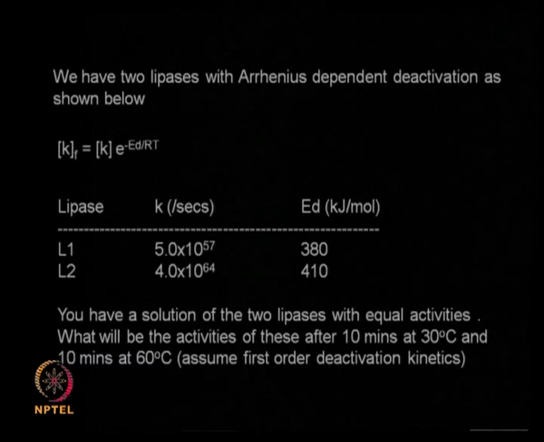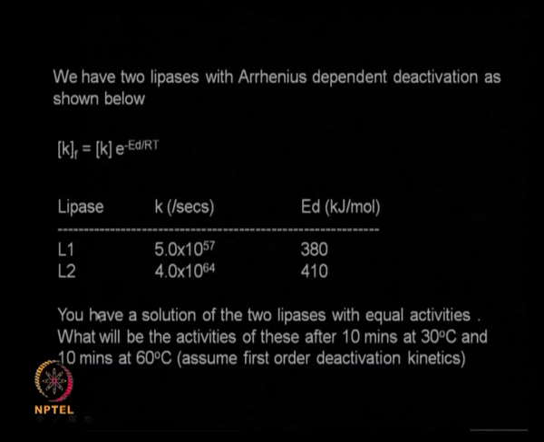So we have 2 lipases and the deactivation activation energies are given like this, Ed in kilojoule per mole: for lipase 1 it is 380, for lipase 2 it is 410, and the rate constants are given in per second, 5 into 10 power 57 per second and 4 into 10 power 64 per second.